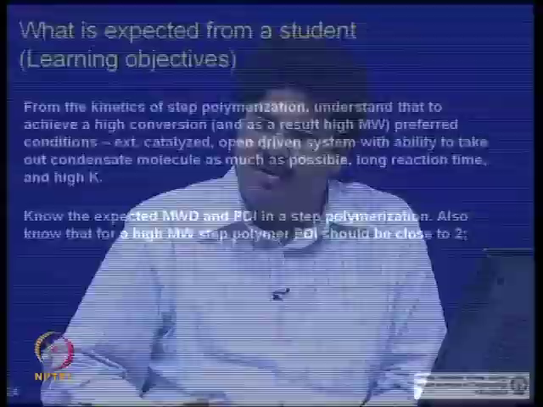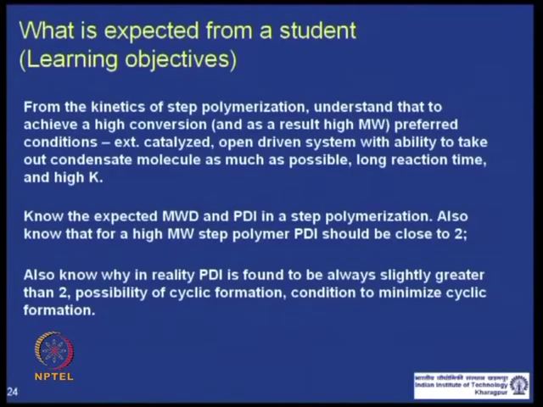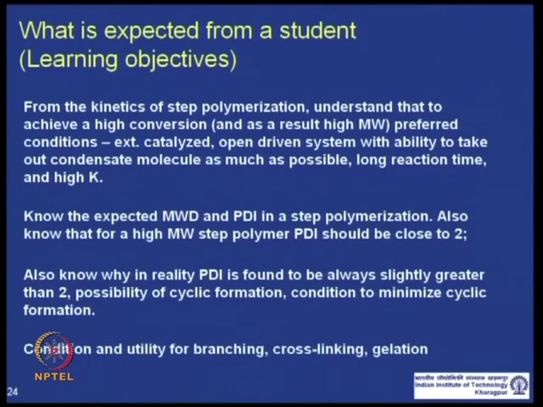You also should know why in reality PDI always ends up being slightly higher than 2 because of side reactions like cyclization, and at the same time he or she should know the ways you can minimize cyclic formation in a step polymerization.